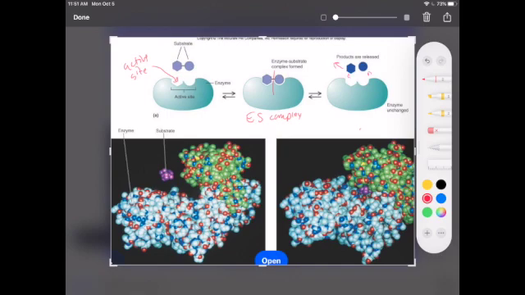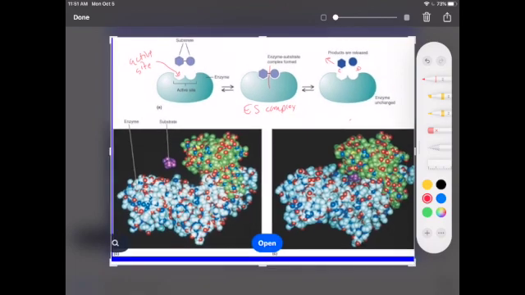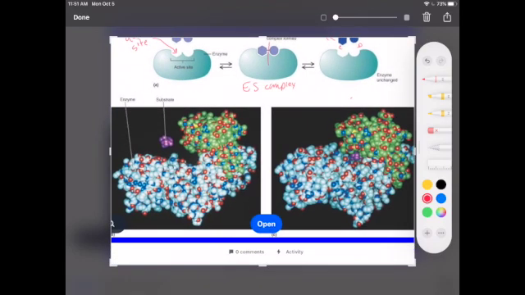So maybe this is C and maybe this is D. Something like that. But I want to point out something to you, and that's in this ball and stick thing down here. These ball models. All right, here we have our substrate right there. I'm going to erase that so that's out of the way.